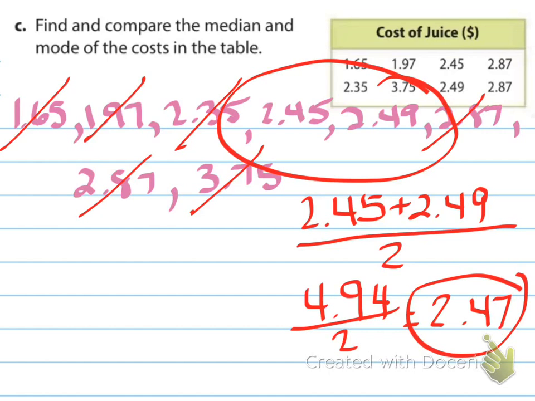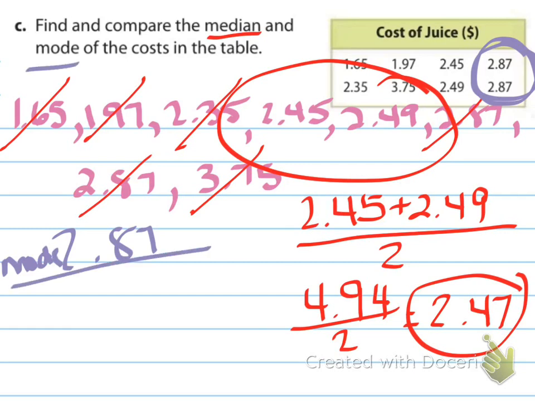So $2.47 is the median. Now we're going to find the mode, and the mode is the one that shows up the most often, and the only one that showed up more than once was $2.87. So that's going to be our mode.